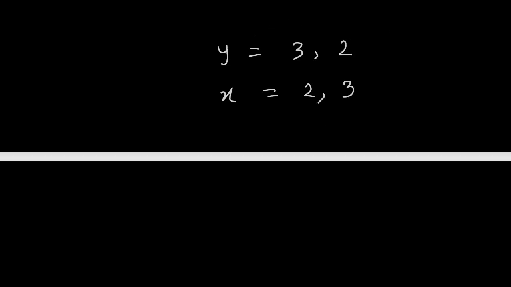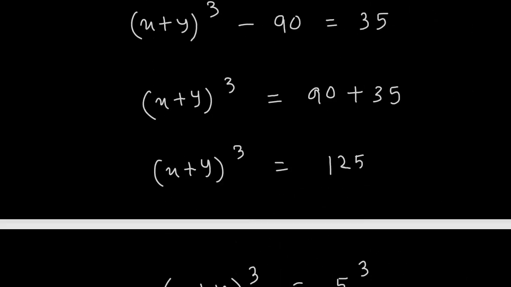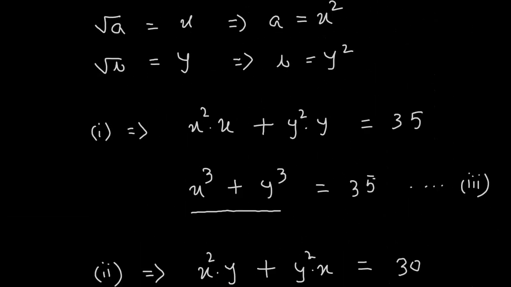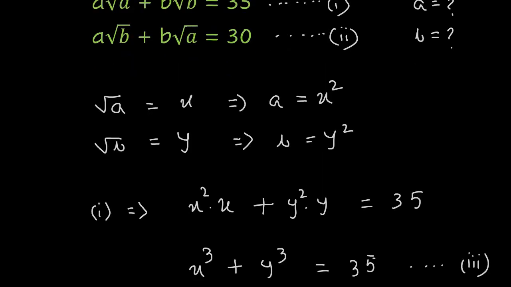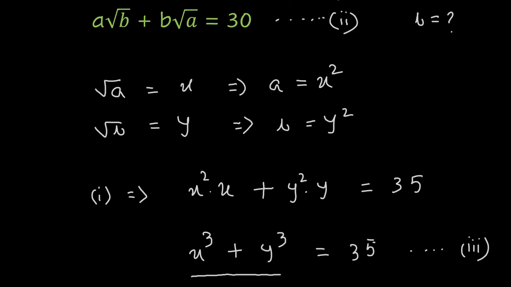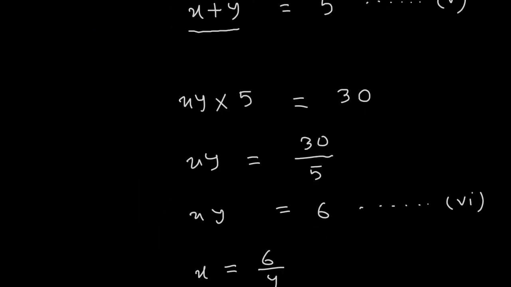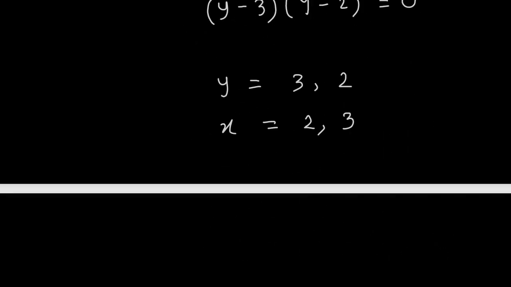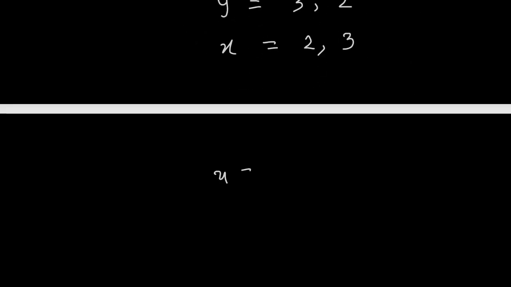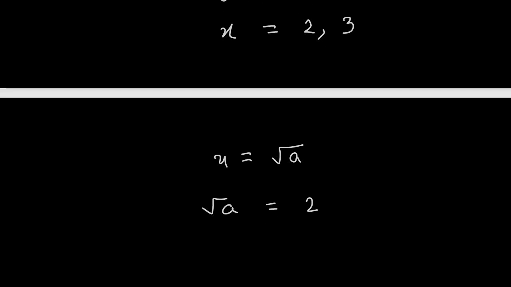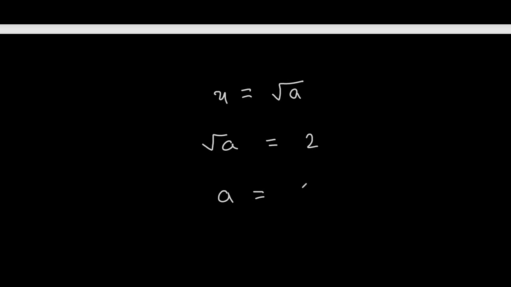But we know from the above equations that x equals square root of a, so square root of a equals 2 when x is 2. From here we have a equals 4.